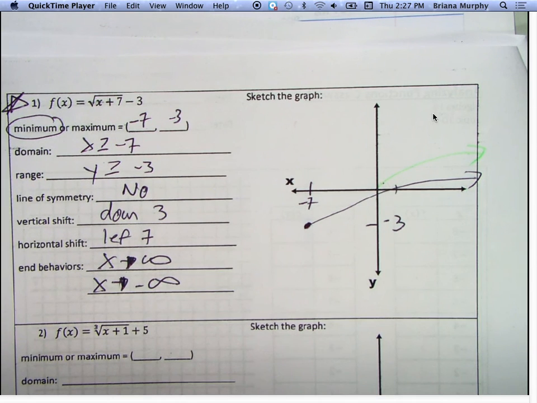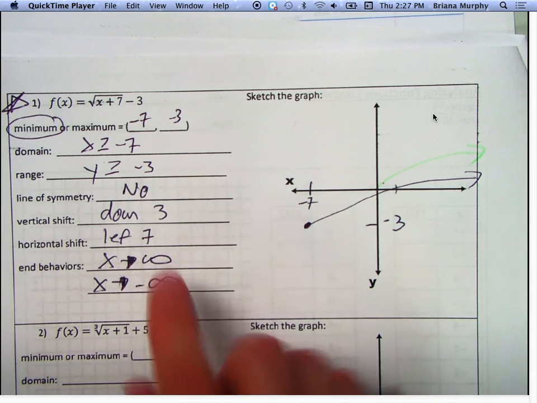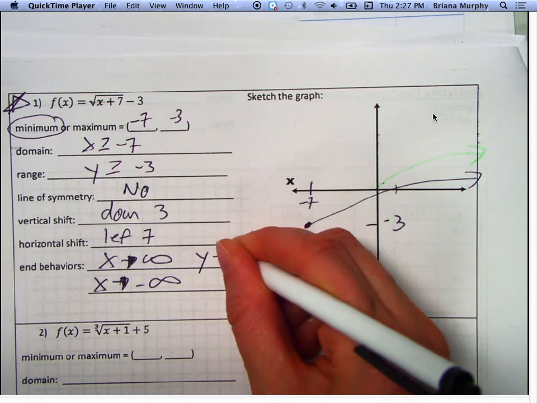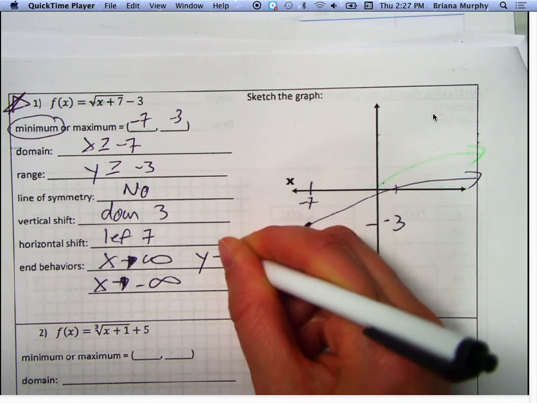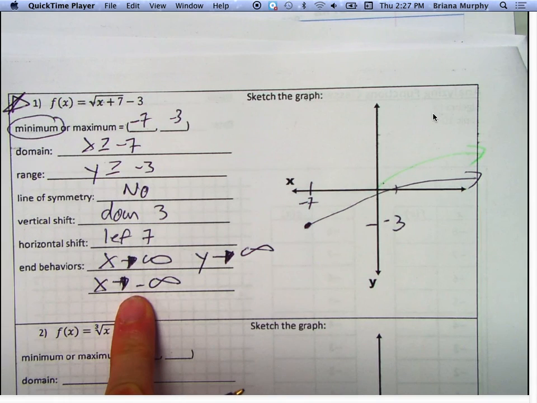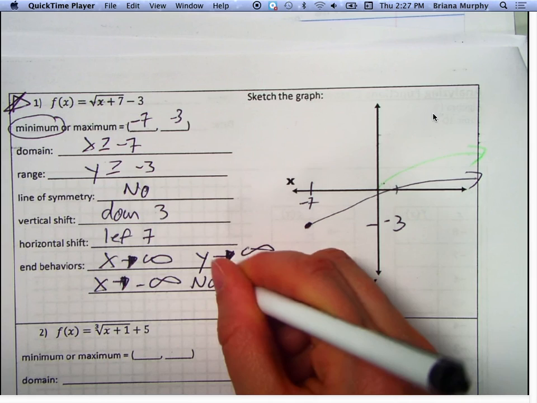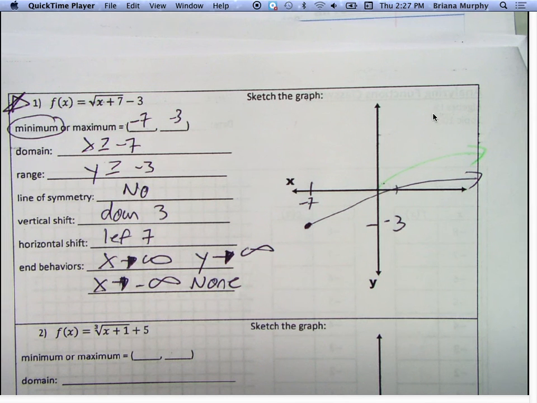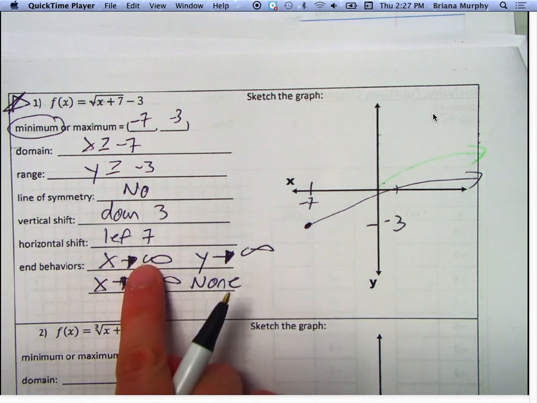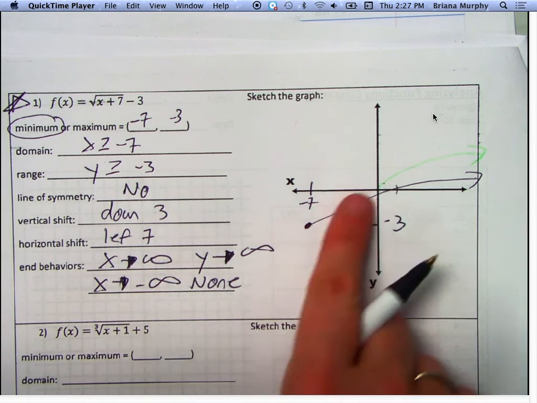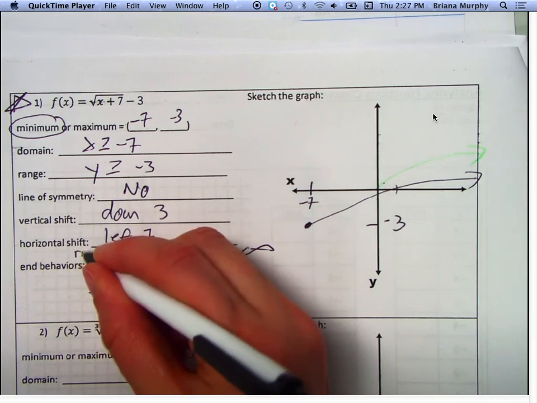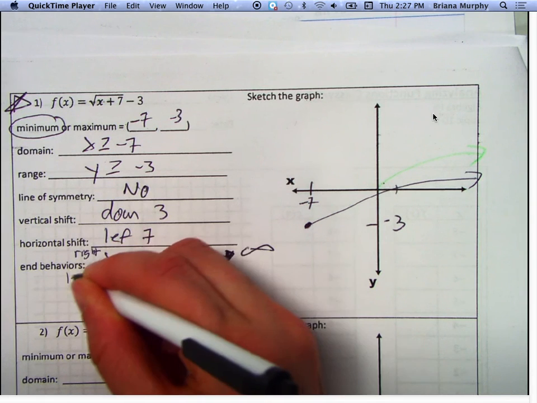As x approaches infinity, y approaches what? Infinity. Does x approach negative infinity? No. What's the difference between the bottom and the top? This is infinity and this is negative infinity. Top is to the right. Bottom is to the left.